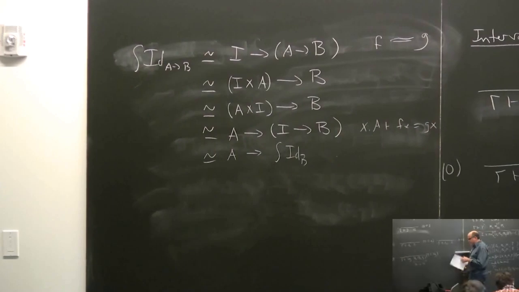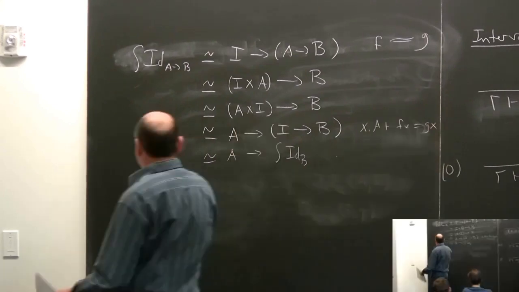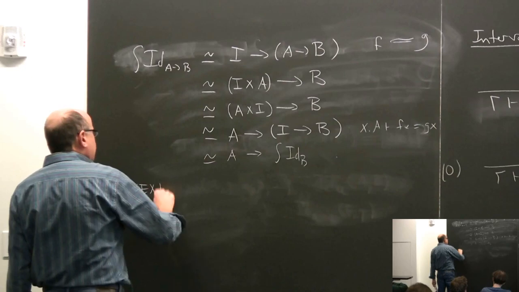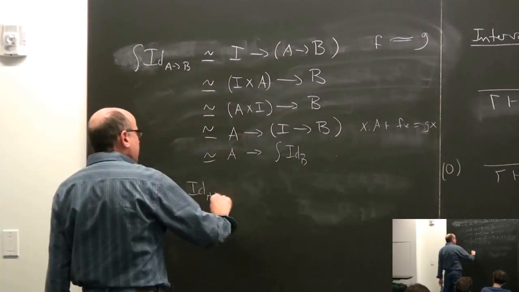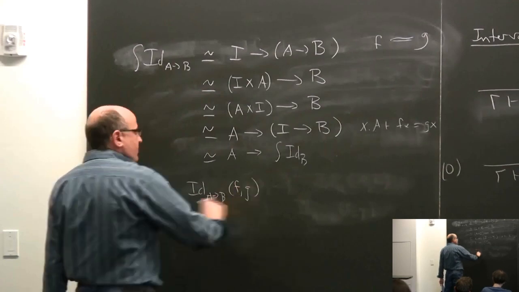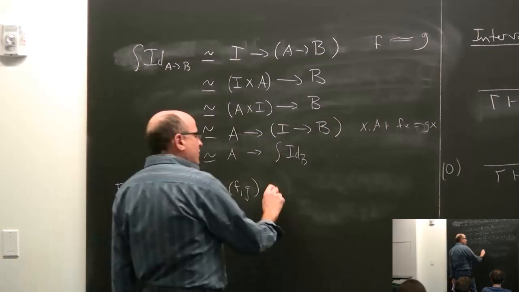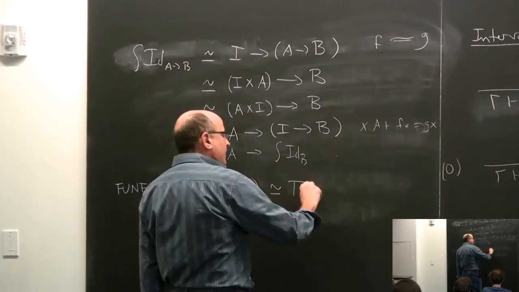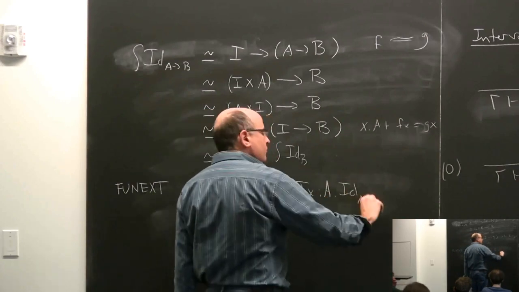And in fact, if you trace that out in more detail, you can get out function extensionality, which we've talked about before. Function extensionality, remember, says that if you look at A arrow B, F, G, that is the space of paths between particular endpoints F and G. The funext axiom said there's an equivalence between that and the homotopies. And now you can see the reason why I called those homotopies.